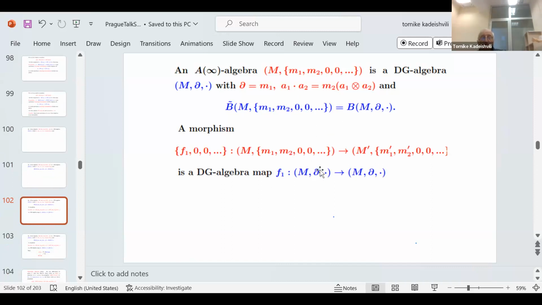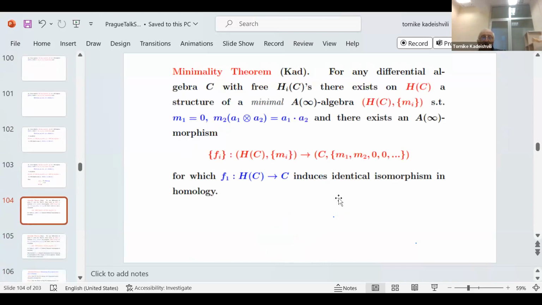And the morphism is a normal morphism. So there is such a diagram of categories. DG algebras are a subcategory of infinity algebras, infinity algebras with only the first 2 operations. And the bar and bar tilde constructions coincide in this case.